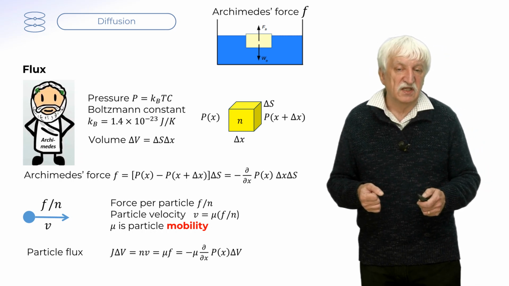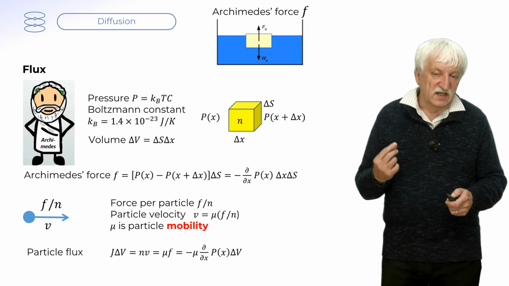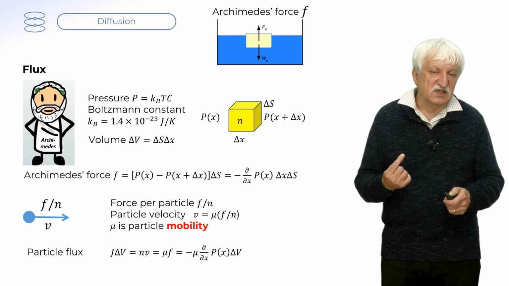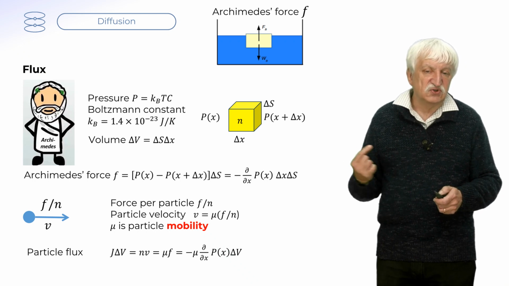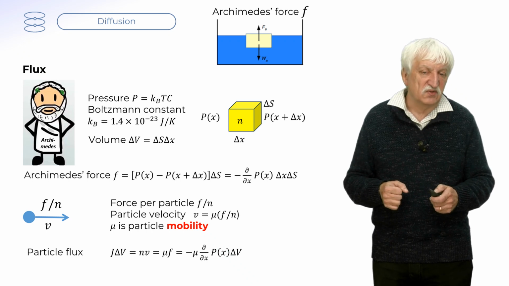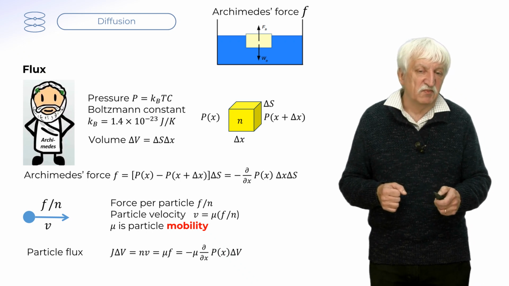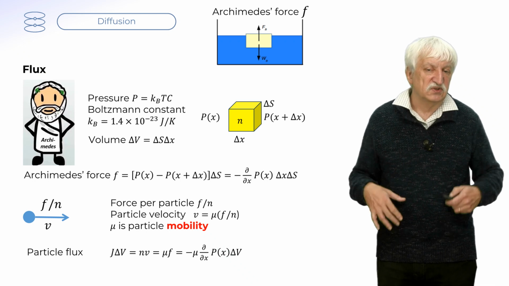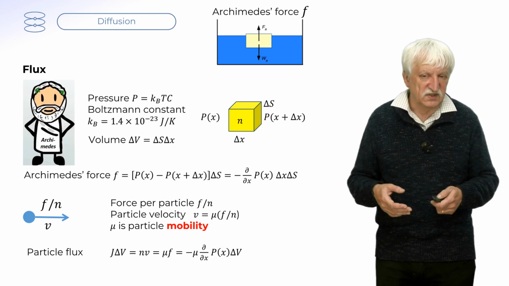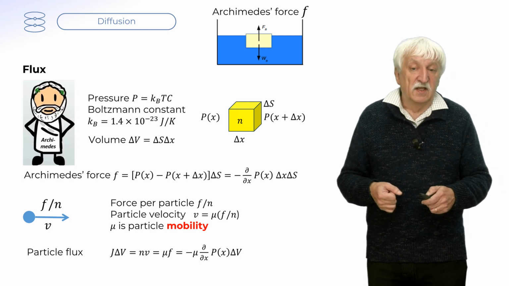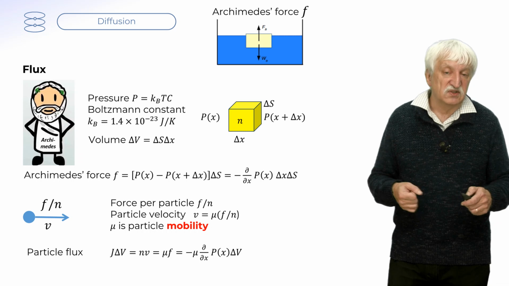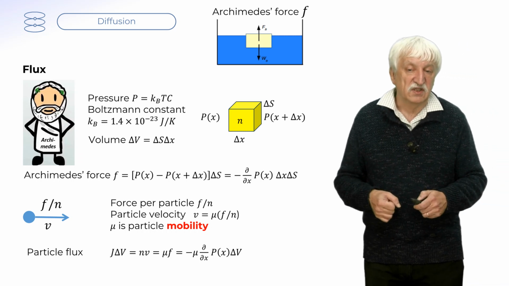Additionally, if one particle experiences a force, it should move, so that the velocity of this movement is proportional to this force, and the coefficient of proportionality is the mobility of this particle. So v equals the mobility mu times this force on the particle.